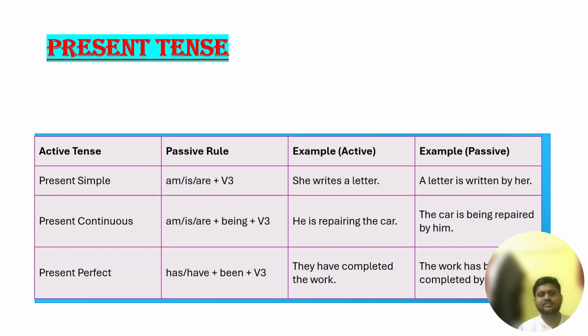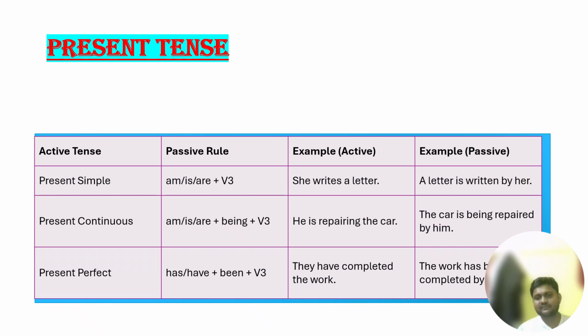There are some rules for converting a sentence from active to passive. And in case of tenses, a simple present tense can be converted into its passive form by using am or is or are plus V3.